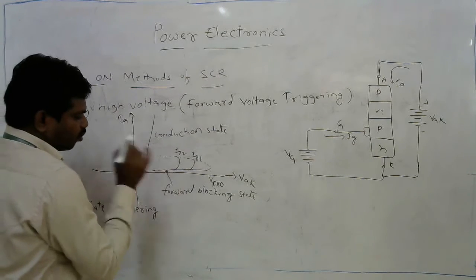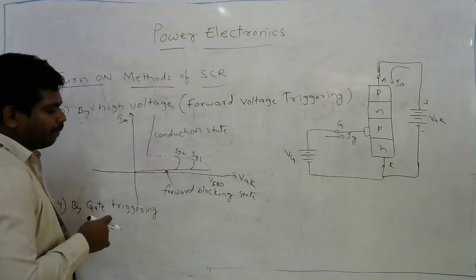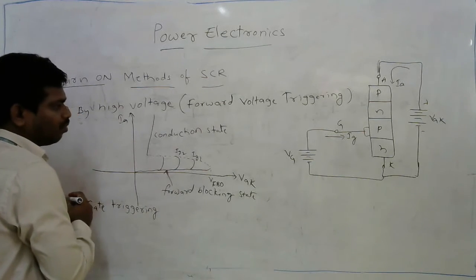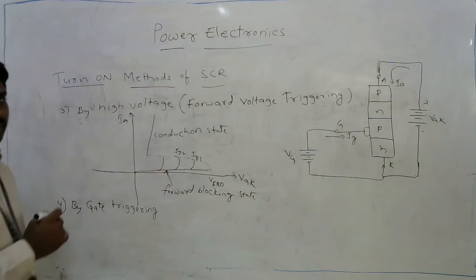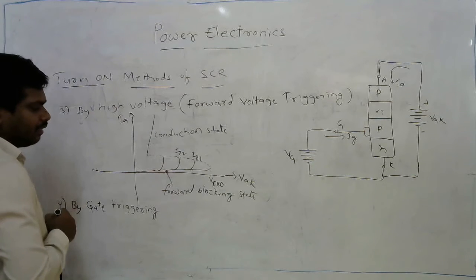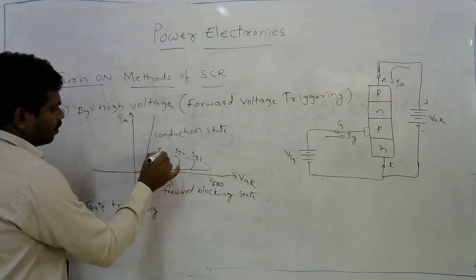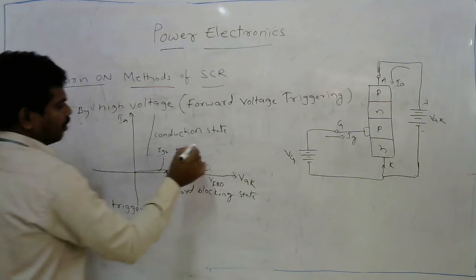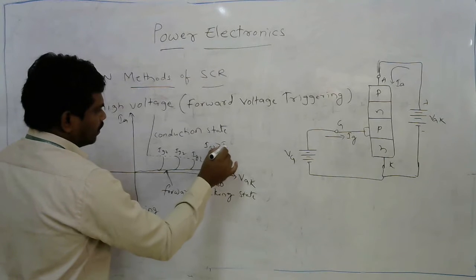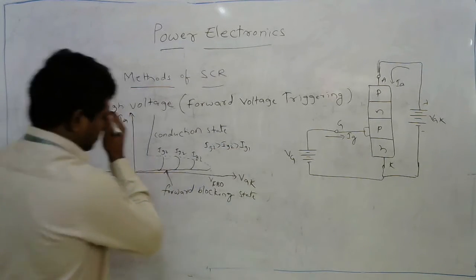This is the forward breakover voltage when no gate voltage is applied. If you apply even more voltage to the gate terminal, then here itself we get the on state. So I am calling this IG3. Since IG3 is greater than IG2, which is greater than IG1, this is the condition.